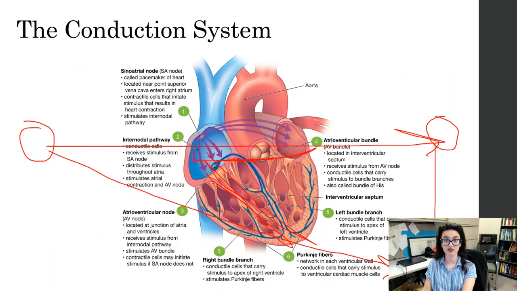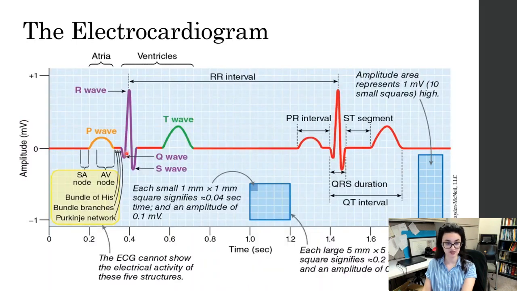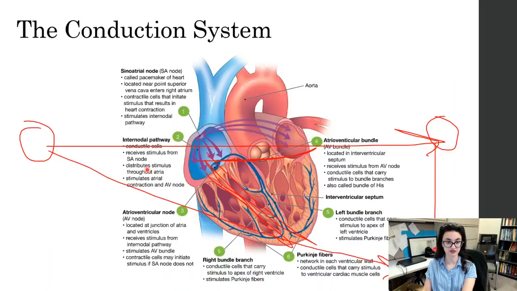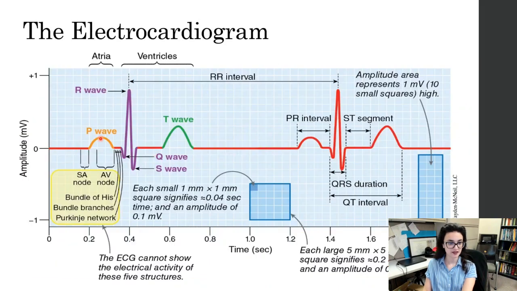Well, the ventricles are a lot larger than the atria, aren't they? So we should see a bigger spike in that electricity. So QRS is ventricular depolarization. It means the ventricles have contracted. So now we've seen where the atria have contracted and the ventricles have contracted.